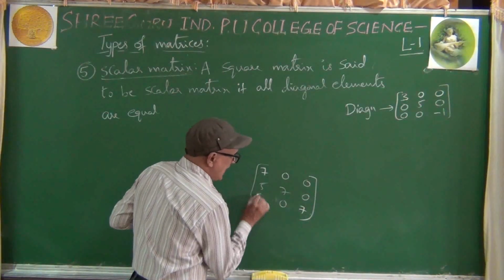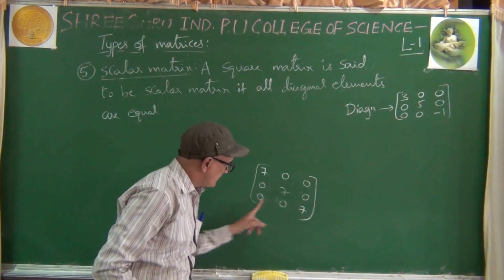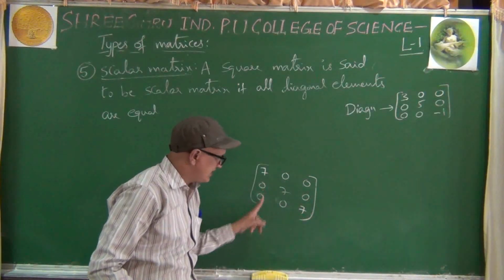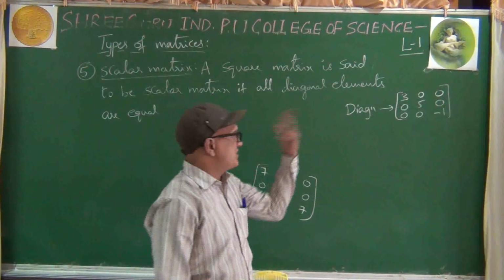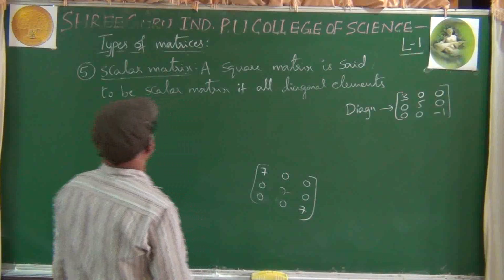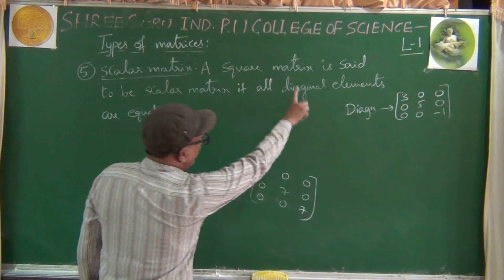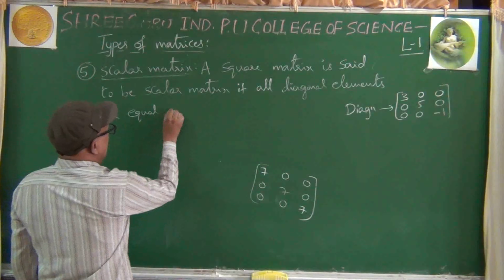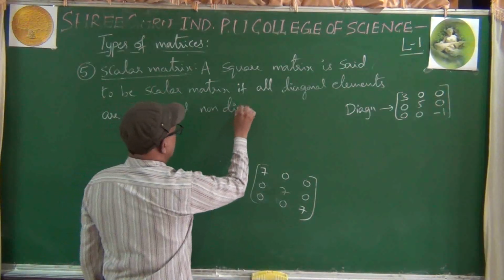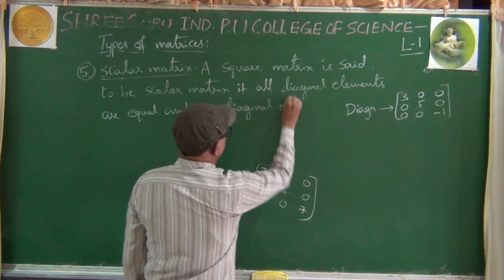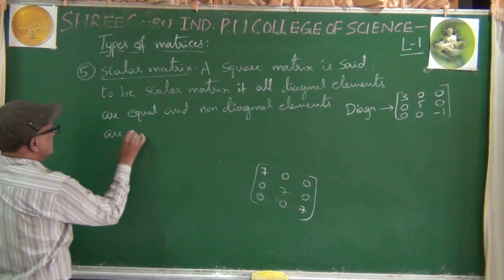That's why we have to write in the working about these also. I mean these 3 zeros. What are these 3 zeros? They are non-principal diagonal elements. Right? Non-diagonal elements. To be a scalar matrix, all diagonal elements are equal and non-diagonal elements are zero.